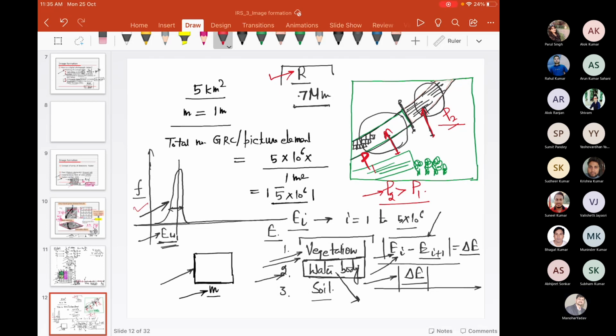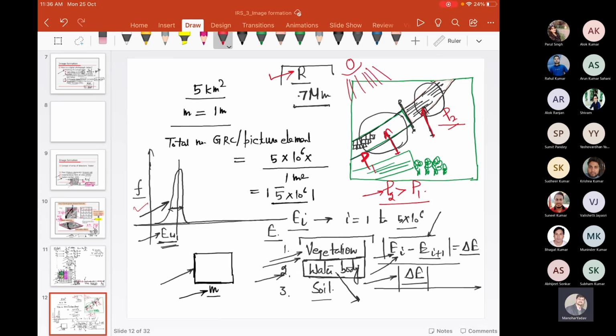And we know that if reflectance is more, then the reflected component will be more compared to the absorbed component. See, it is very clear. Irrespective of the location of the GRC from water, the energy coming from the sun is the same.